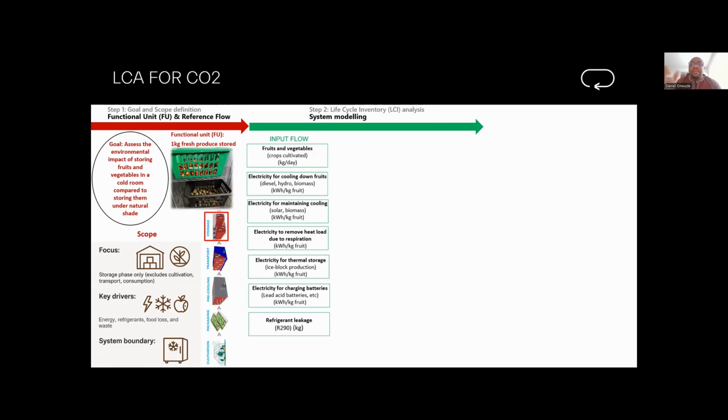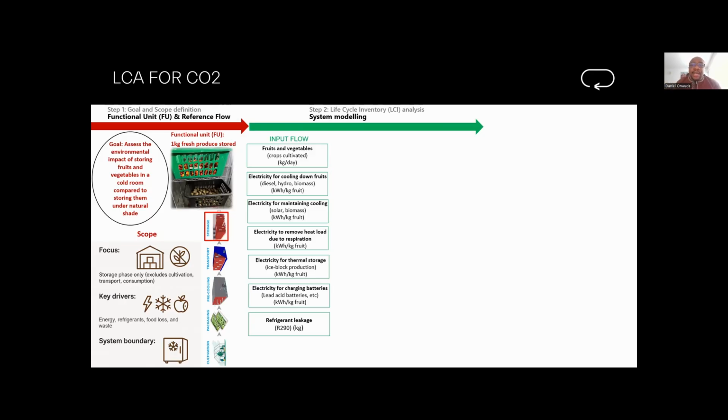Now, maybe let me delve a little bit into each of them. Electricity for cooling down the fruit is basically the initial electricity required to cool down the food from the initial temperature to the room temperature, right? And then we have the electricity required to maintain cooling. Then we have the electricity required to offset respiration due to heat load.